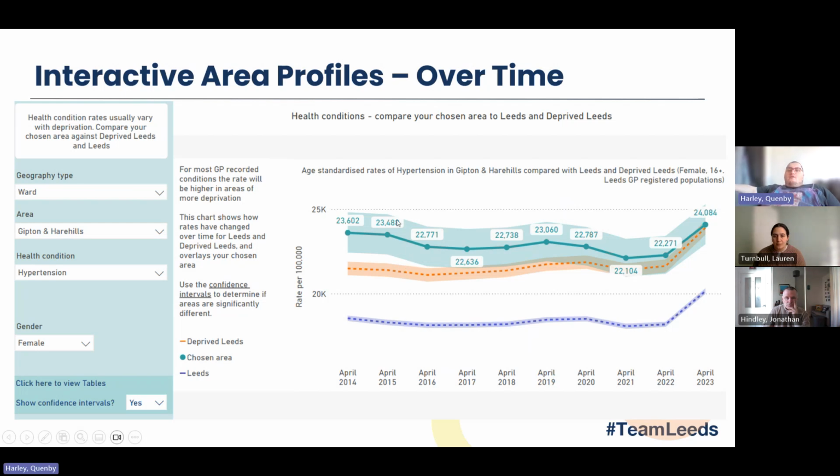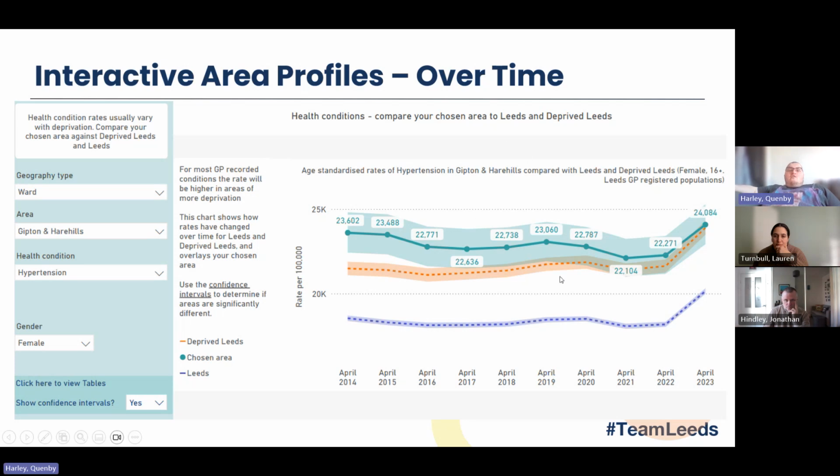Just briefly, the banding around the rate, in case anyone's not come across that before, is showing the confidence intervals. That's the range we're 95% sure the figure is in. If we see overlapping between those, it's showing that we're not confident there's a real difference between the rate in the two areas.